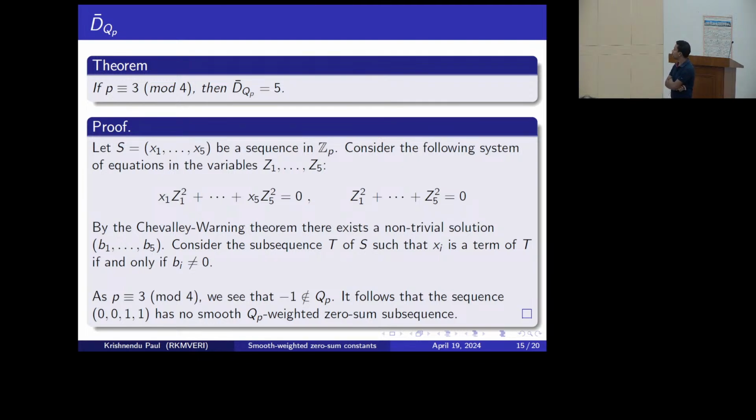Okay, now I have not given in the slides, as we have not got the constant, so it is between 4 and 5. Okay, upper bound will be in the same process by using Chevalley-Warning theorem. 0, 1, 1 is the extremal sequence.